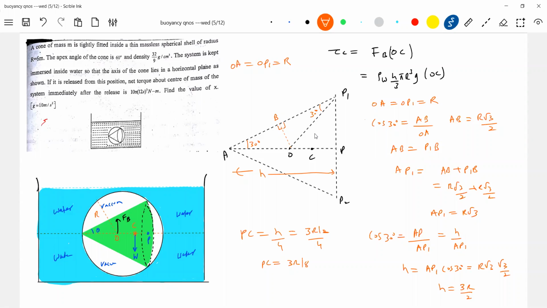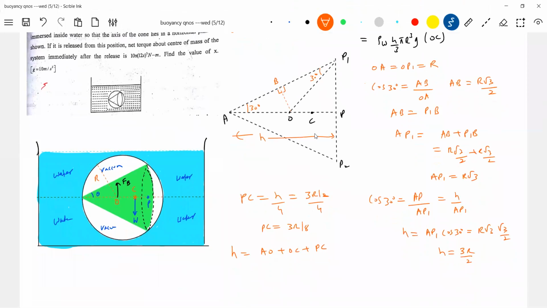So how to get to OC? We know everything now. Now we know AP. So in that, PC we know. What is H? H is equal to AO plus OC plus PC. PC is what? 3R by 8. AO is what? R.